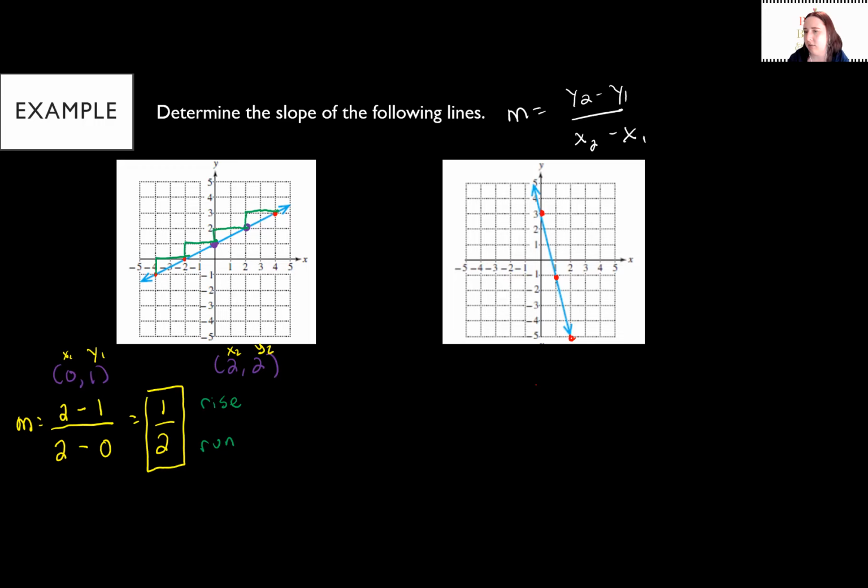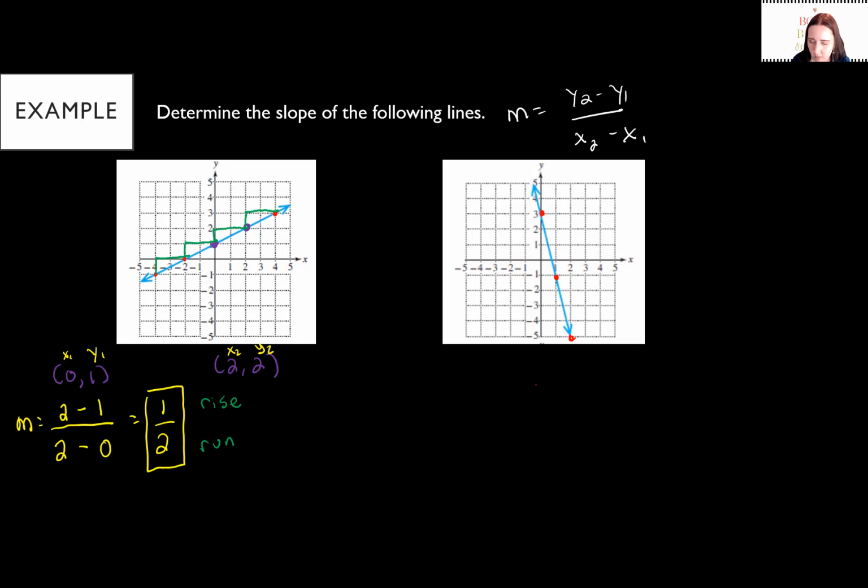It looks like it, but I don't like to pick those just to be safe. So there's really only 2 choices here for points that we can pick, because otherwise we have to guess, and you want to avoid guessing what your ordered pairs are, because if you guess wrong, your slope's going to be wrong. So you want to pick ones that clearly sit on your grid.